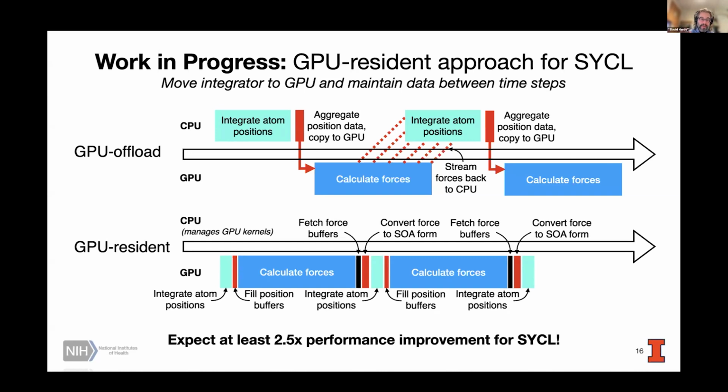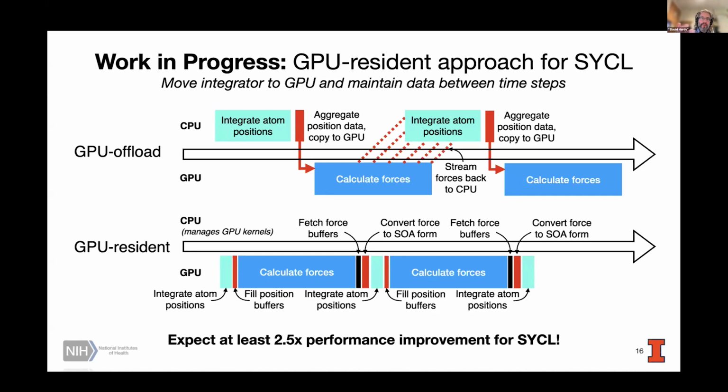The GPU maintains the positions between time steps and also does all of the numerical integration calculations for each time step. We're expecting that once we get this implemented in SYCL, it's going to give us like a 2.5x performance improvement. That's what we've seen for our performance on CUDA.